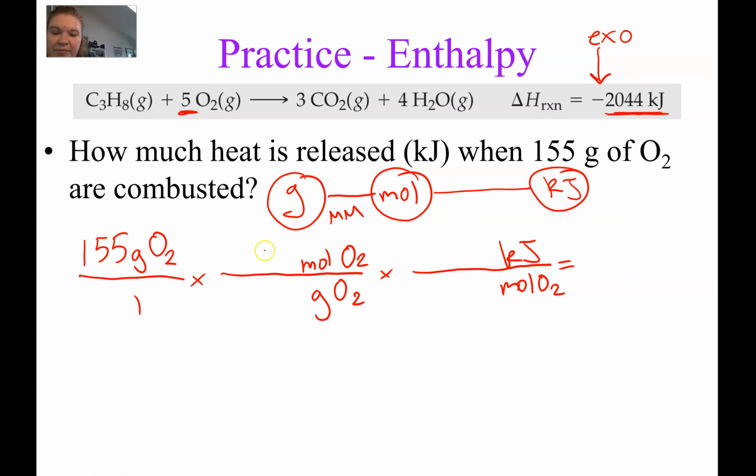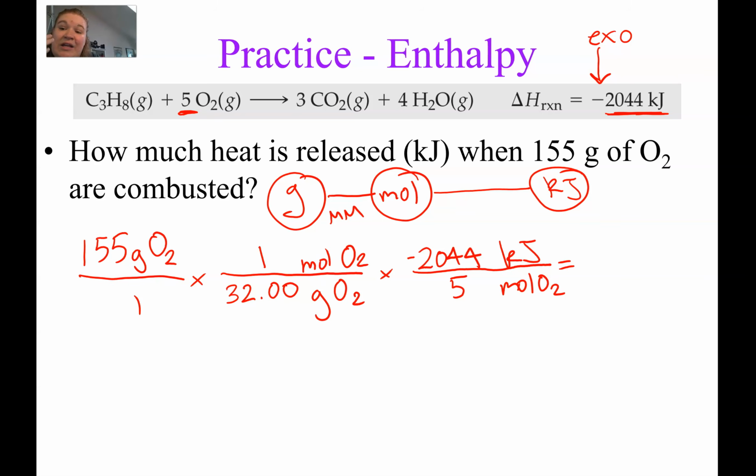So let's fill in our numbers. 1 mole of oxygen is 32.00 grams. Again, that's straight from the periodic table. And then I'm going to use that balanced chemical equation. So for every 5 moles of oxygen, 2,044 kilojoules of heat are released.